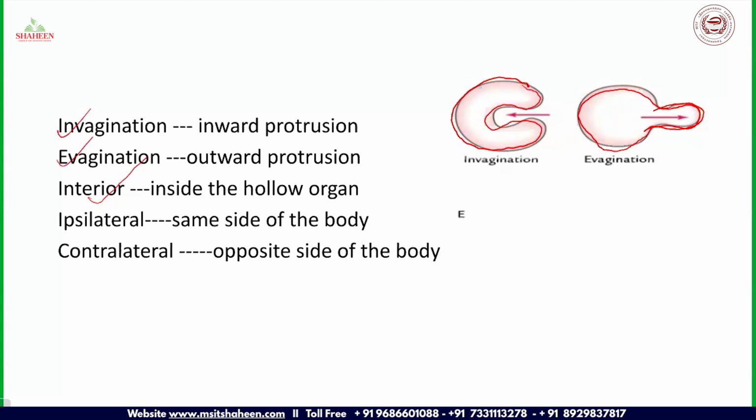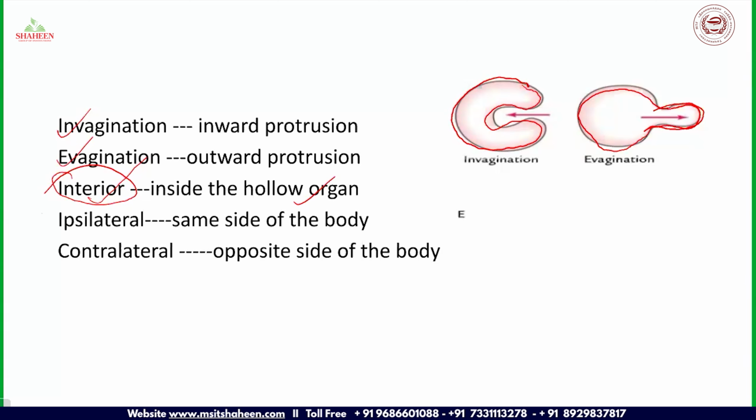Heart, stomach, intestine, blood vessels, rectum. Yes, rectum, everything. All these things come under hollow organs. So when you learn hollow organs separately, you should know about the interior aspect of the hollow organs also. So the interior is always used to describe the hollow organs.